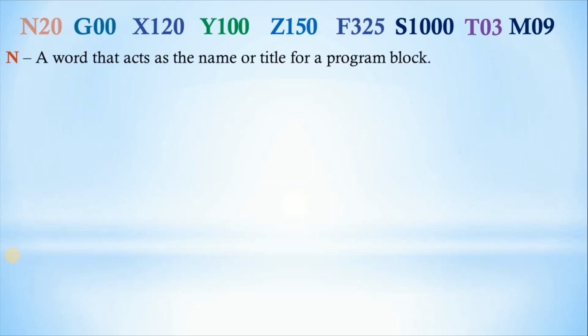First, N20, which contains the N word, is a word that acts as a name or title for a program block. If you see any part program for any operation, it is written in lines starting with N. So this N is the name or title for a program block.